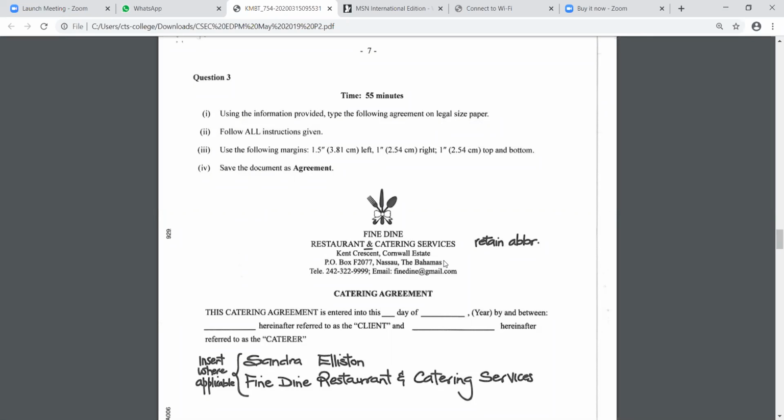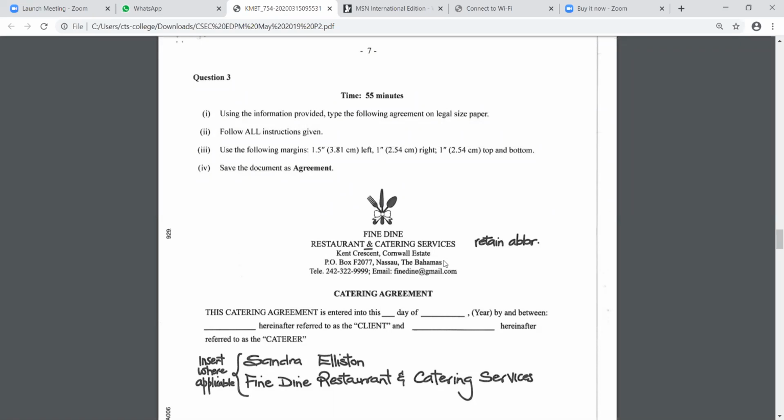Abbreviation. And what are they asking us to change? What does the examiner have underlined there? They have to spell out "and" instead of using the short symbol. Very good. So in between restaurant and catering, instead of using the symbol, you have to actually spell out the word "and", right?